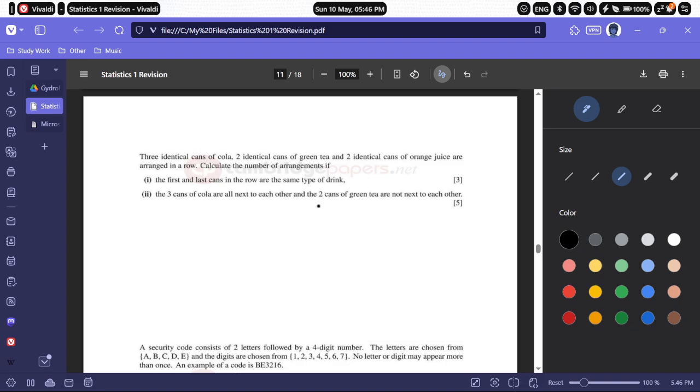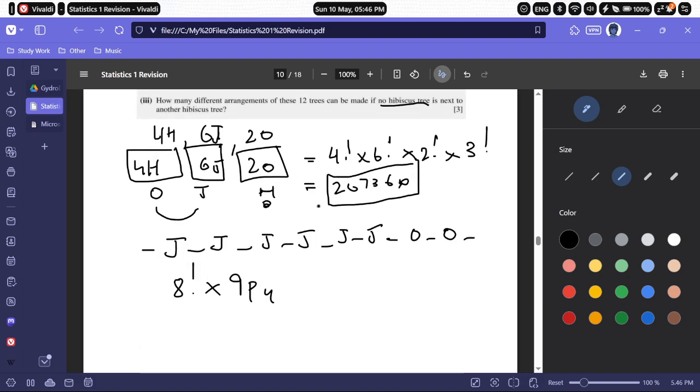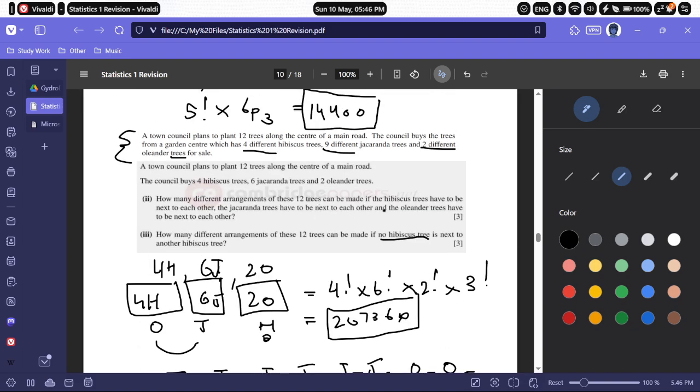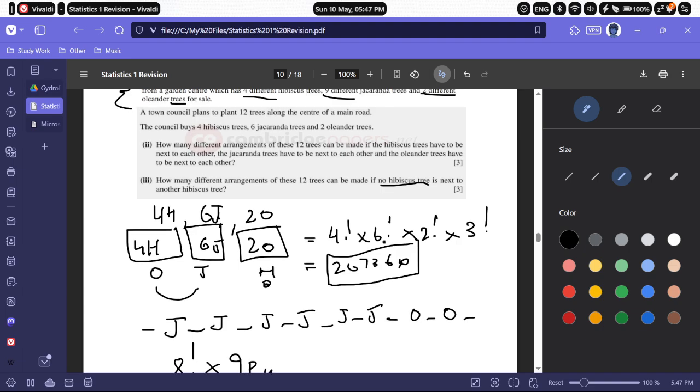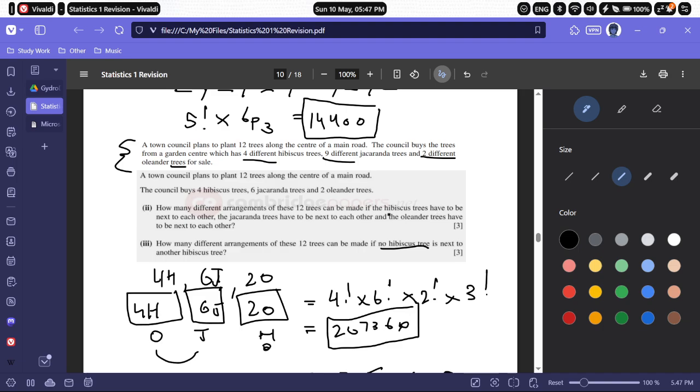How do I figure out which method is the optimal one? It really depends on how your question is framed, if I'm being honest. Like in this case, you can clearly see that they're telling you that none of the hibiscus trees are next to each other, right? So that tells you you have to make use of gaps. And then over here, they're telling you that these hibiscus trees have to be next to each other.